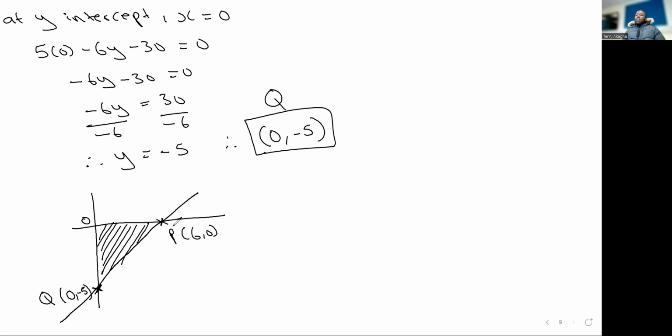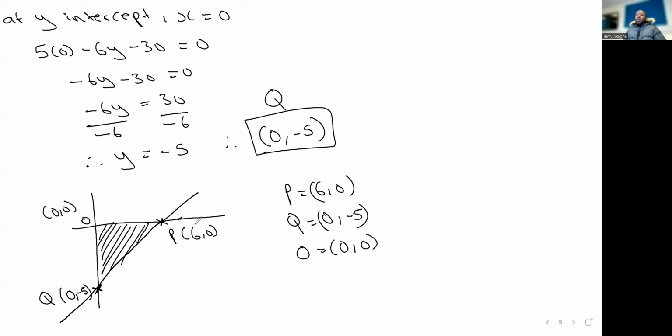Since we know the coordinates of P to be 6 and 0, and we know the coordinates of Q to be 0 and minus 5, and we know the coordinates of the origin, like I told you, the origin is 0 and 0, we can use the distance formula to find the value for each of these.